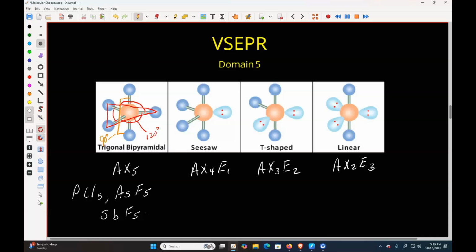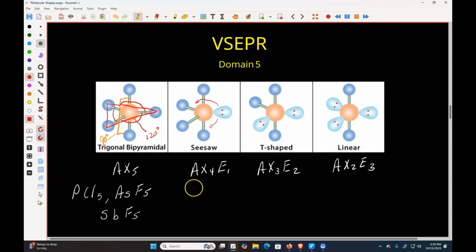The next one, the AX4E1, we have a lone pair again. So this lone pair again is going to be pushing everything further around. So if you turn this thing sideways, it kind of looks like a seesaw. So that's why they call it a seesaw. It can also be called an irregular tetrahedron, a disphenoidal tetrahedron, and there are some other names like teeter-totter, so on and so forth.